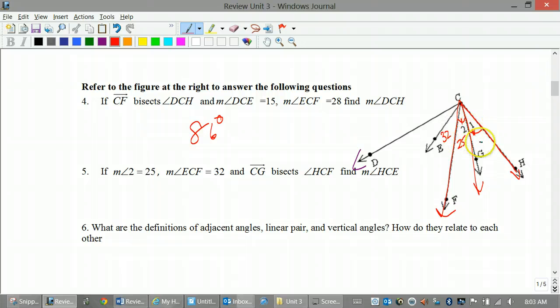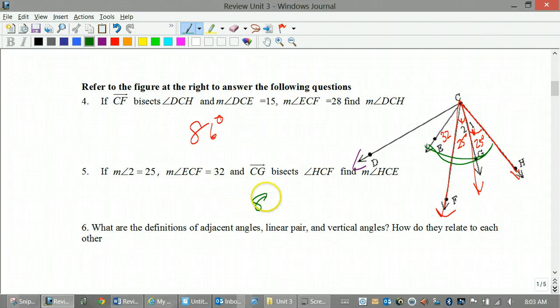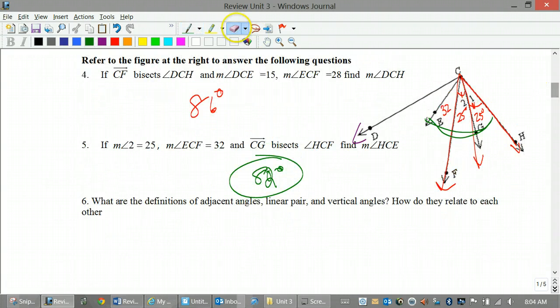If those are congruent, we can just slap in that that's 25 then. Find the measure of this really big angle, HCE. Well, it's 32 plus 25 plus 25, or 50 plus 32. It's going to be 82 degrees. Okay, very great.